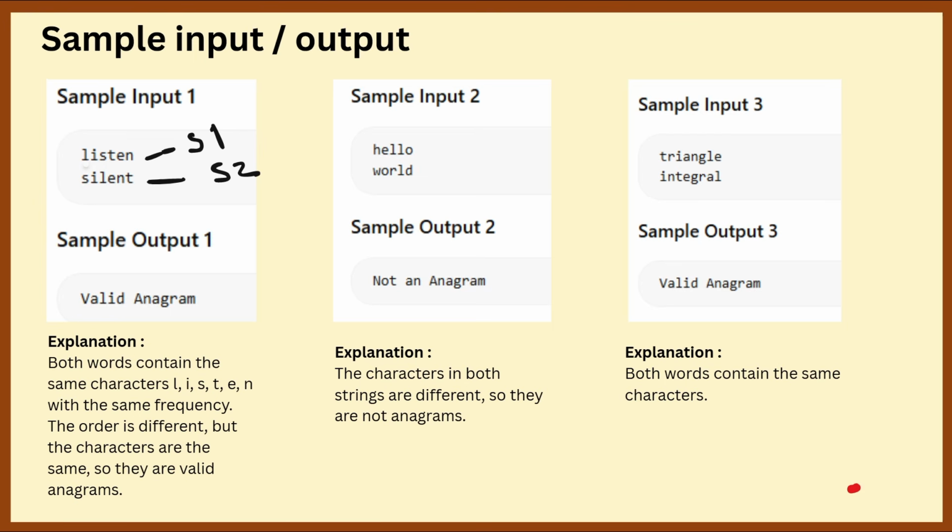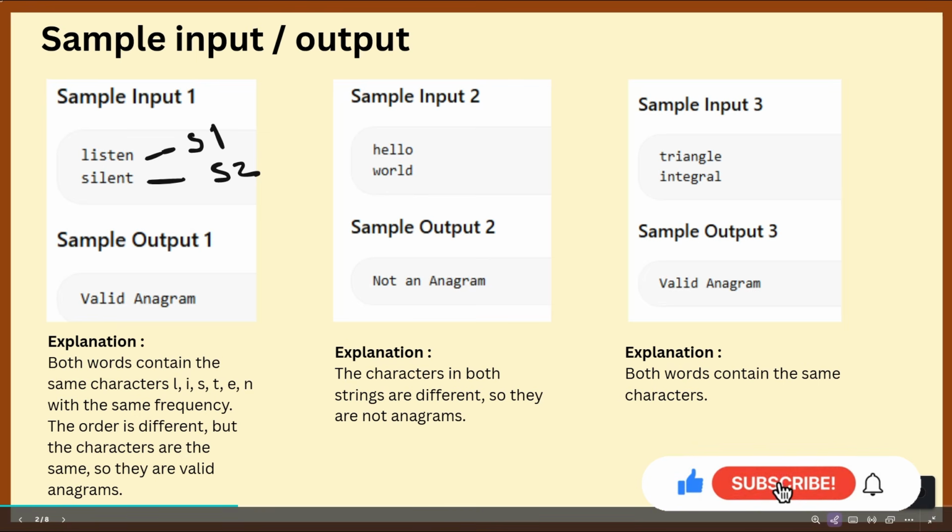In string S1, the letters are LISTEN, and in string S2, the letters are SILENT. If you carefully observe, both the words contain the same characters with the same frequency, that is, no letter has more frequency. The order is different, but the characters are the same, so they are valid anagrams.